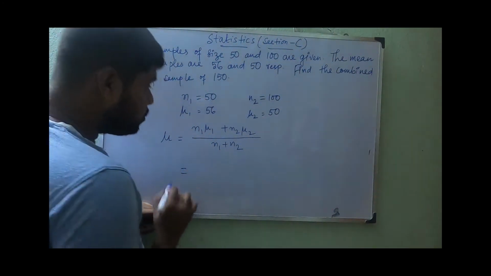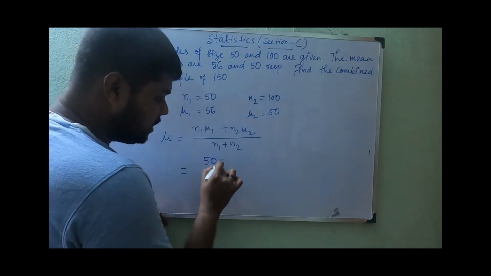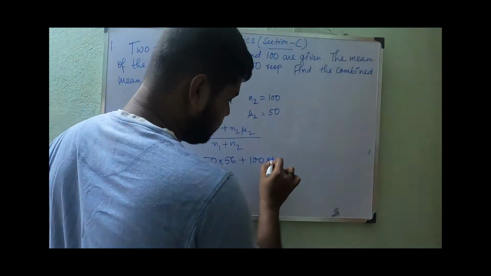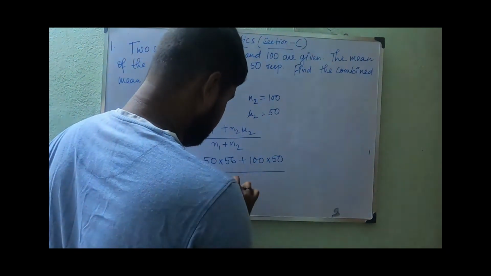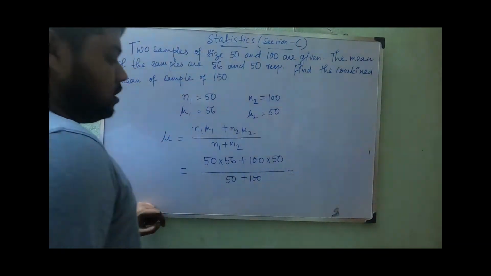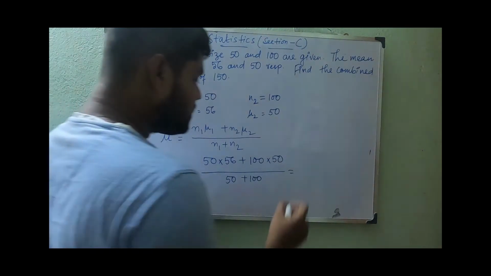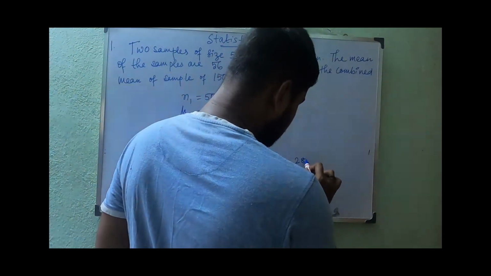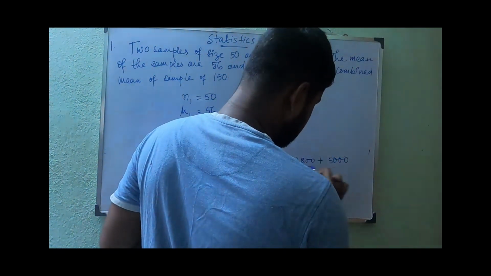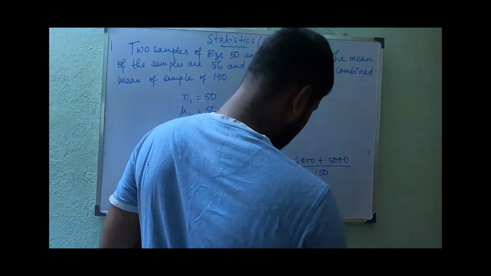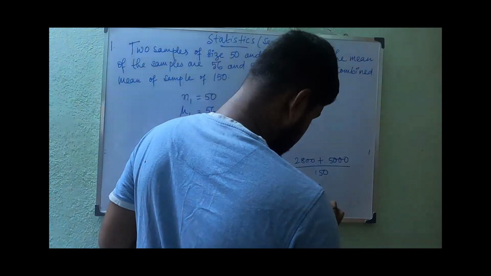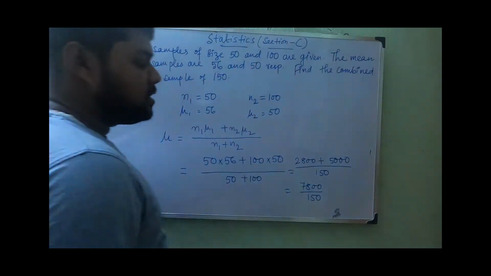So let us just put the values. 50 into 56, that is 2800, plus 5000, by 150, so that is 7800 by 150.